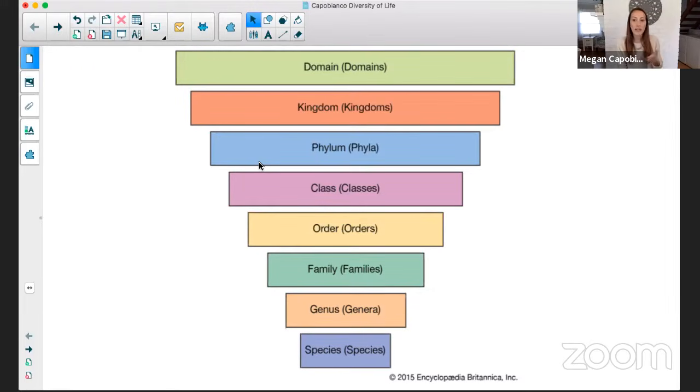If you've ever been reading in your textbook or maybe a book about animals and you've come across the name of an animal and then in parentheses there's a different name of that animal, it's usually in Latin, it's in italics, the font is kind of slanted. Well, that's the binomial nomenclature for that organism. The way they get that name is by using the genus and the species, which are those bottom two categories that you can see on your screen.